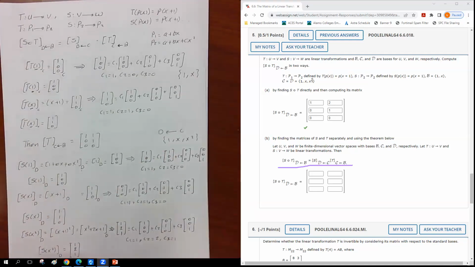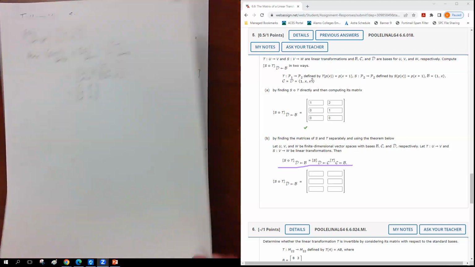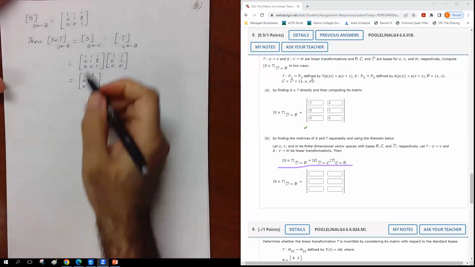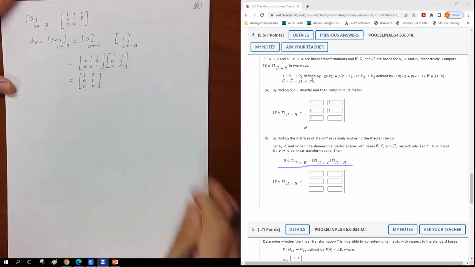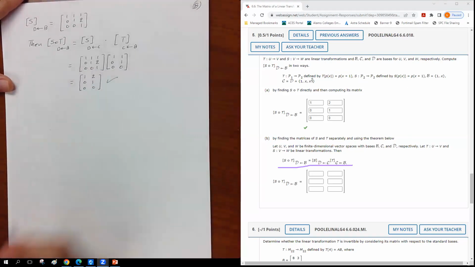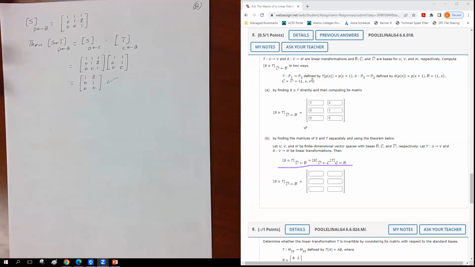That's why we're going to get 3 columns here and 2 columns here. Do the multiplication, and we're going to get exactly the same thing we got in part A. And let's check our solution.